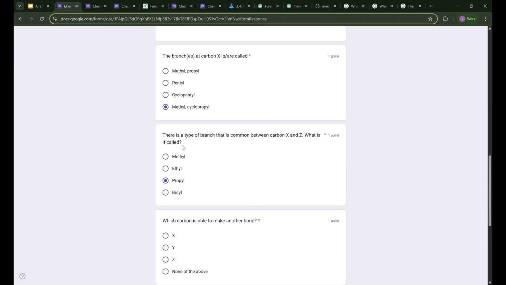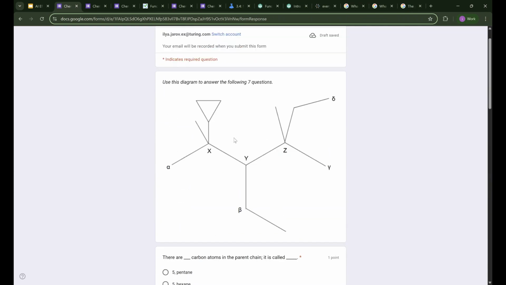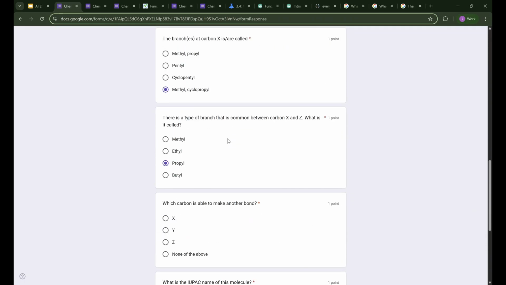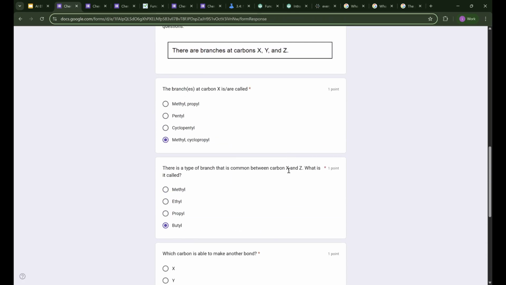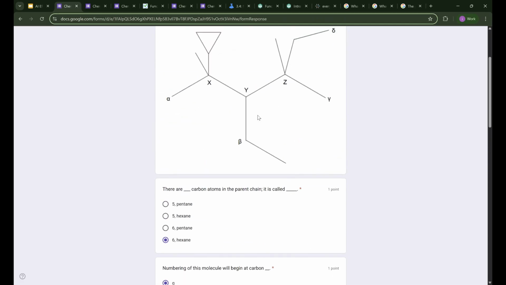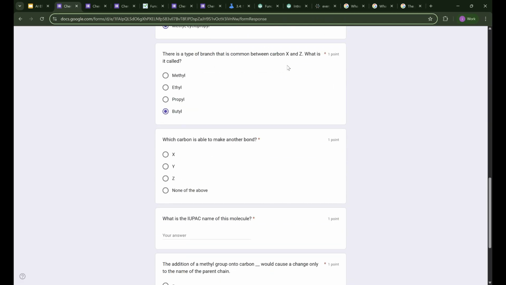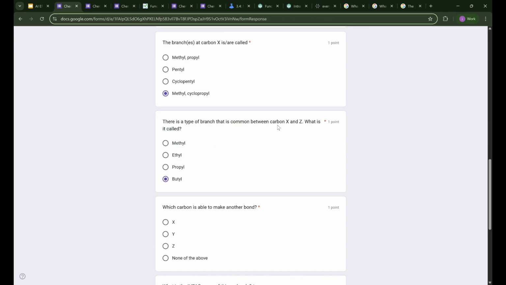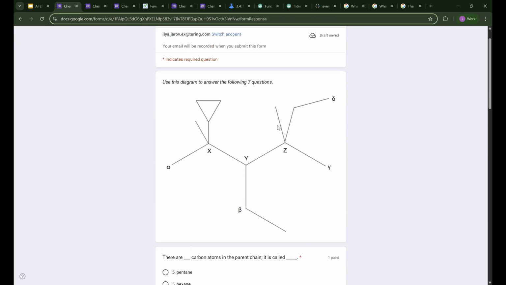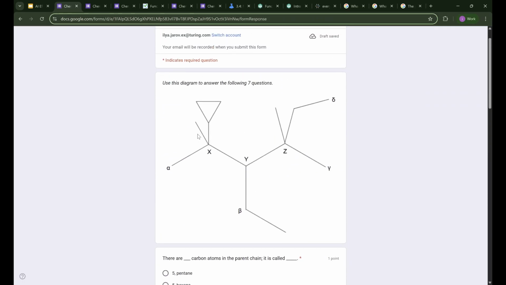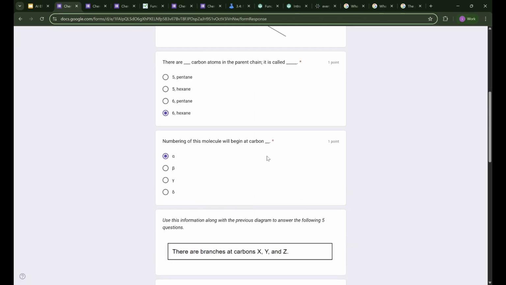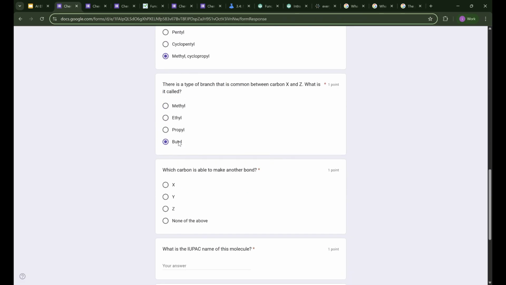Unless it's referring to the fact that there's 4 bonds on X and Z. Maybe it's butyl, because it's not referring to the branch in between them. I think it might be referring to the type of branching that's occurring at these carbon atoms, and I think they must be butyl because there's 4.